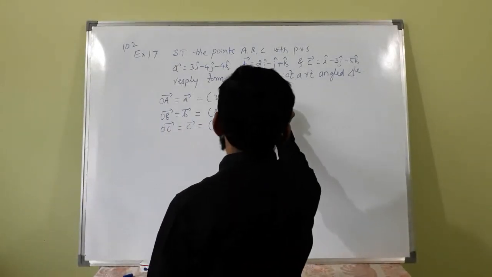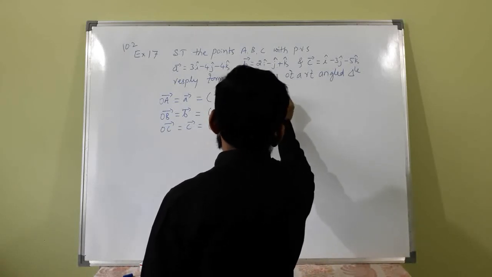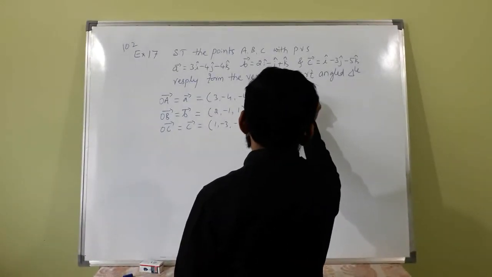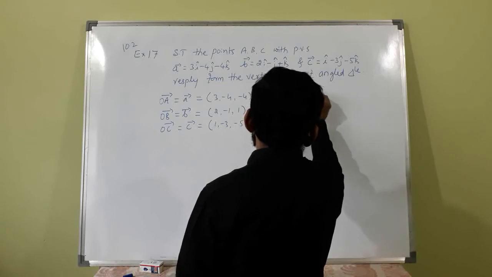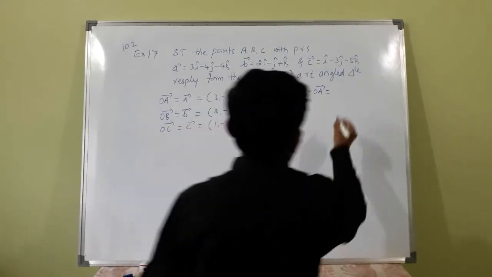AB is equal to OB minus OA, that is b minus a.